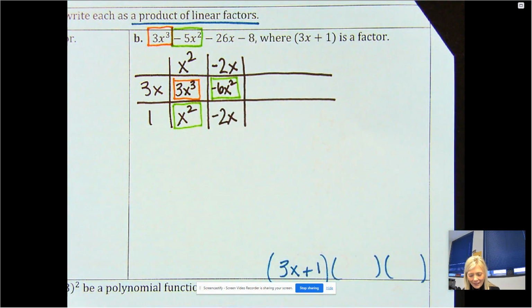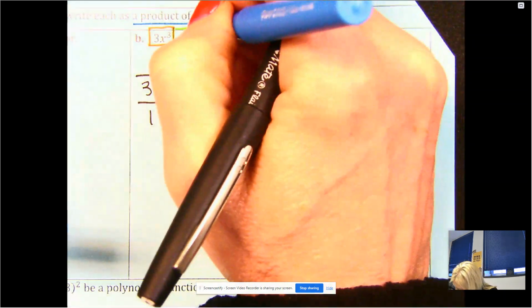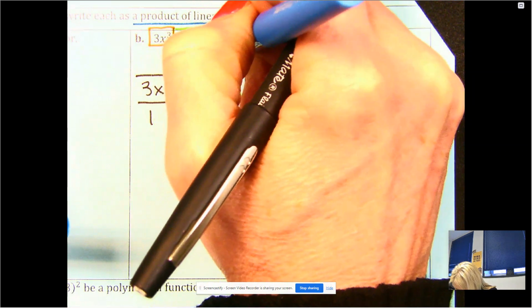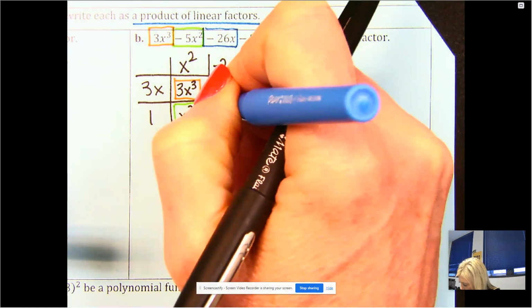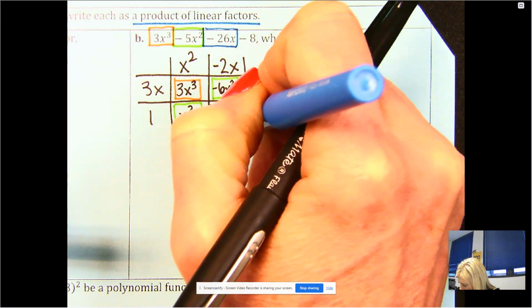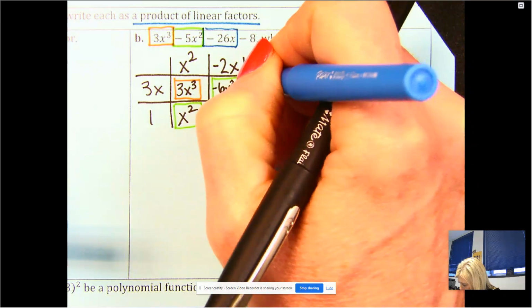All right, we're cruising now. Our next target is negative 26x squared. And that's going to be the total of this box and this box.